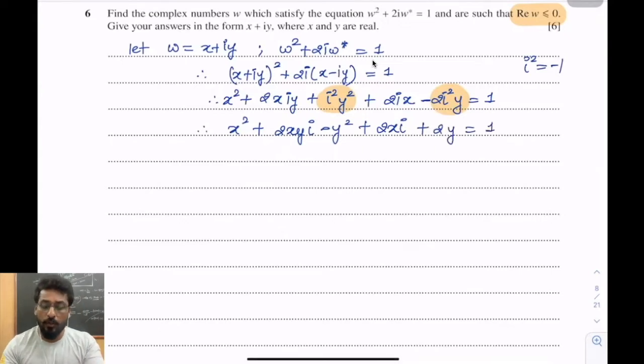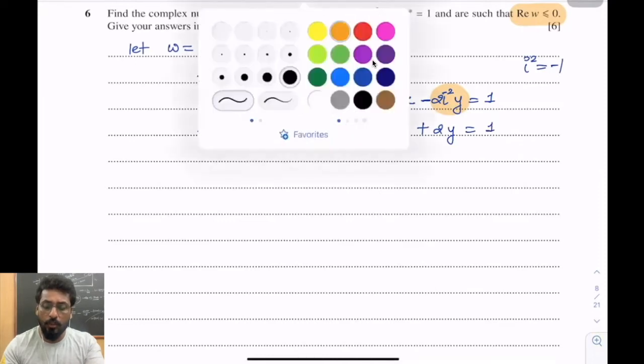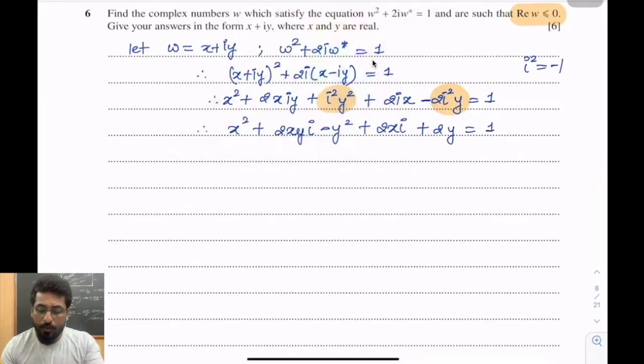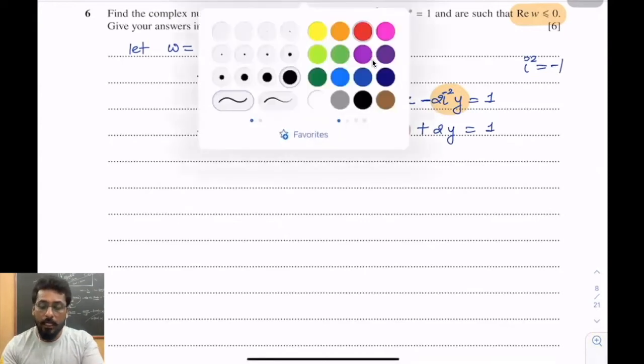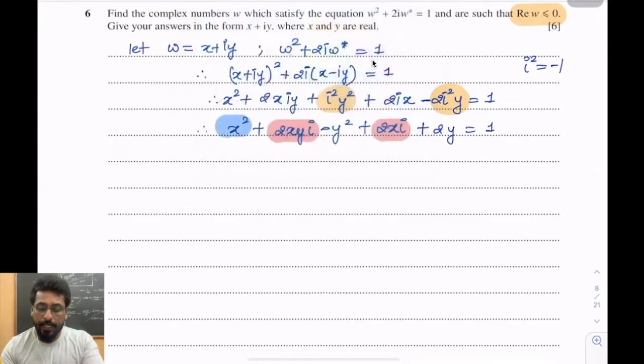Now you can observe there are two terms which are terms of i. Can you see this term and this term? And there are three terms, x square minus y square and this 2y, which are all without i. Terms without i will contribute towards the real part, and the terms with i will contribute towards the imaginary part of the complex number.